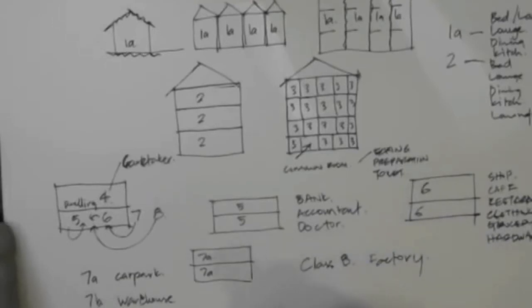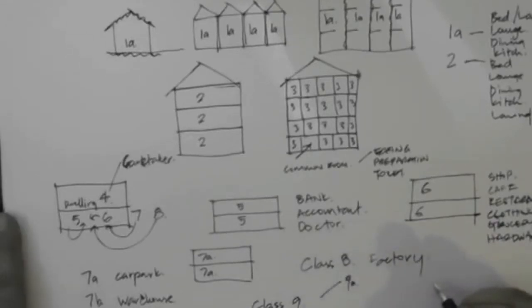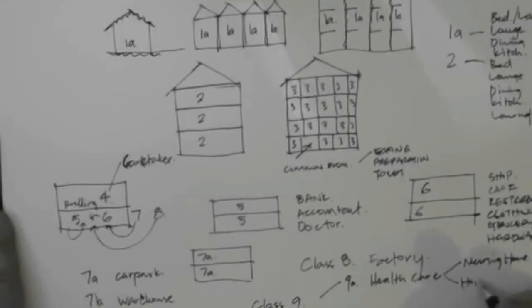Then you've got your class 9s. You start with your 9As, and your 9As are basically a healthcare building. By definition, that includes things like a nursing home, hospital.